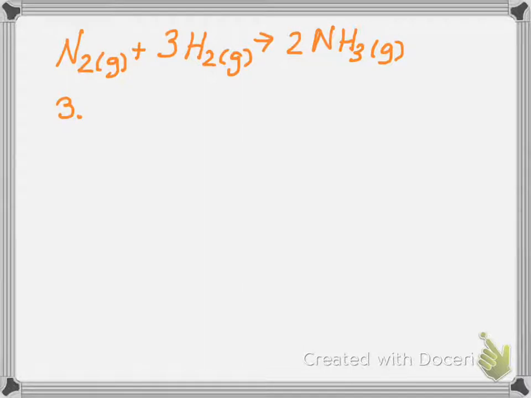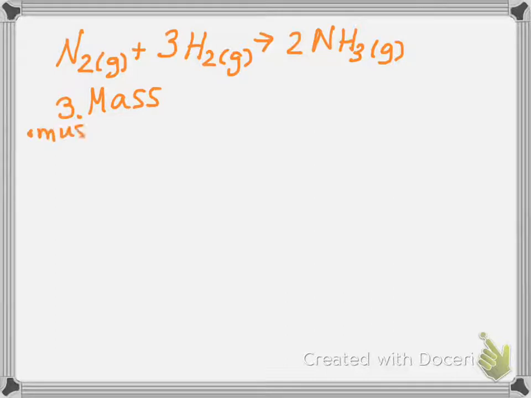The third way that I can interpret this balanced chemical equation is I can talk about it in terms of mass. And we know, remember, there's a law that balanced chemical equations must follow.